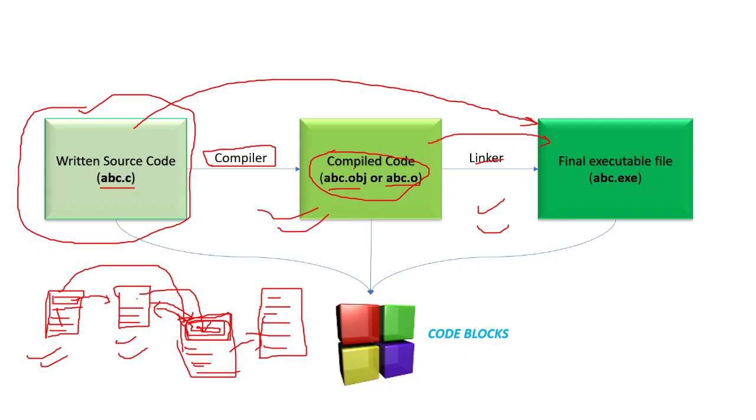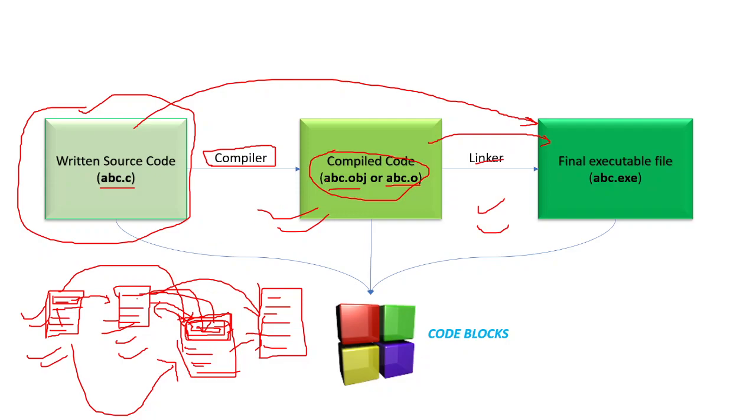Understood? I'll quickly go through it again. You have a source code that has a reference to another source code. When the compiler converts this into compiled code, it will still have a reference to that particular source file. Now the linker will check what file it needs, get that file, and put it together. So here there is one file, then two files.